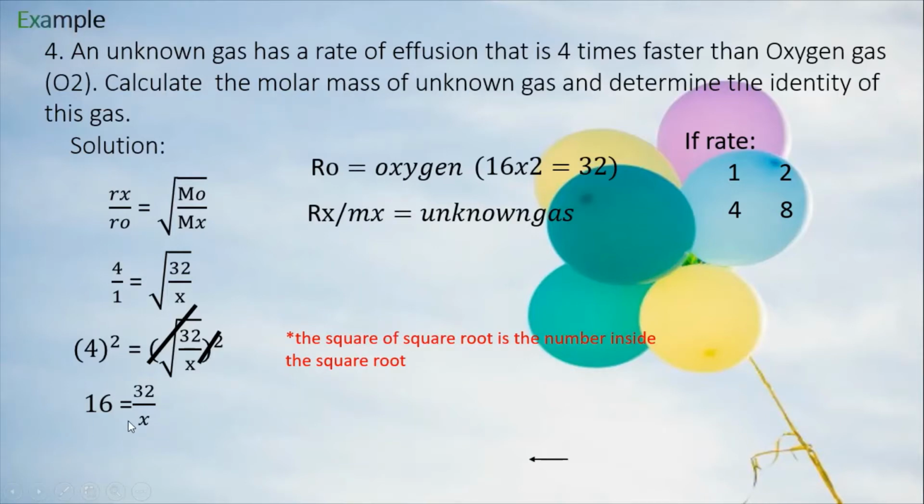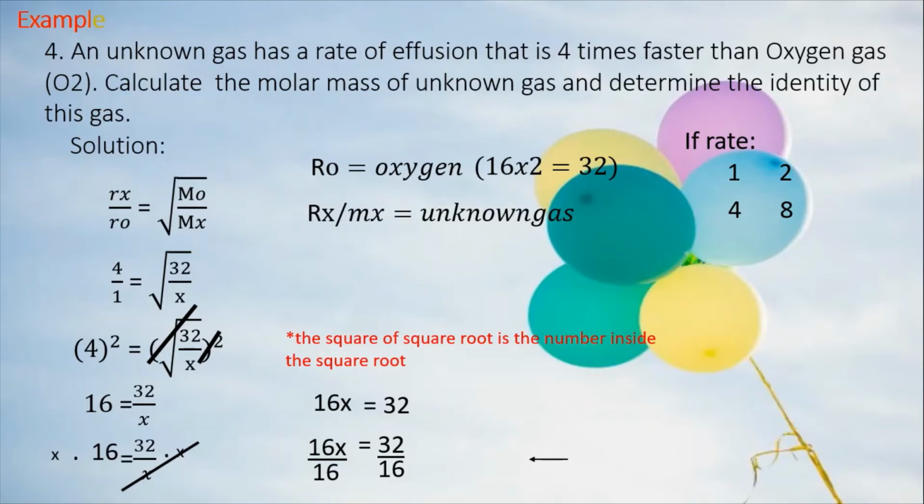Let's multiply both sides by x. So we have 16x is equal to 32. Then we're going to divide both sides by 16 because we are looking for x, using the division property of equality.